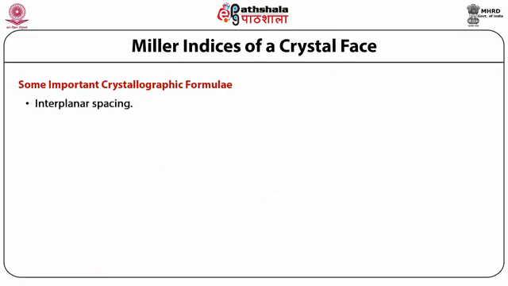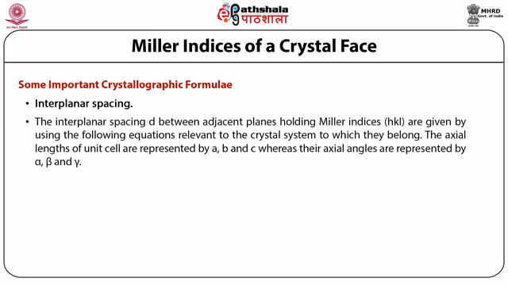Some important crystallographic formulae. Interplanar spacing. The interplanar spacing d between adjacent planes having Miller indices (hkl) is given by the following equations relevant to the crystal system to which they belong. The axial lengths of the unit cell are represented by a, b and c, whereas their axial angles are represented by alpha, beta and gamma.